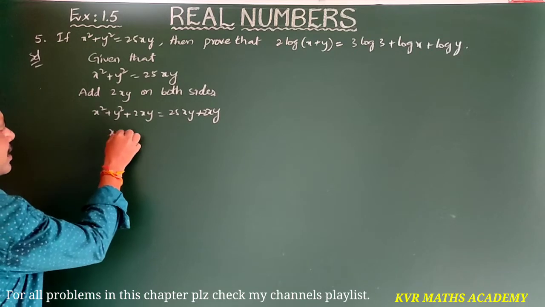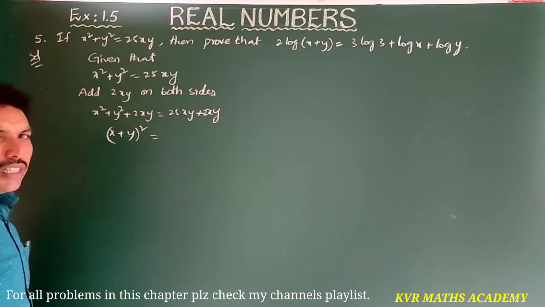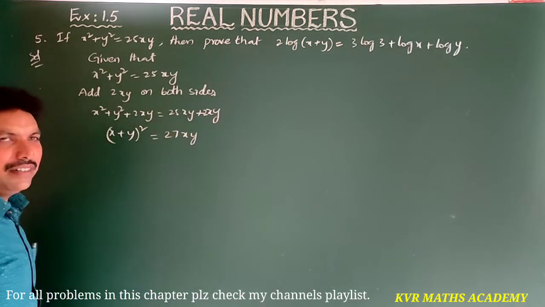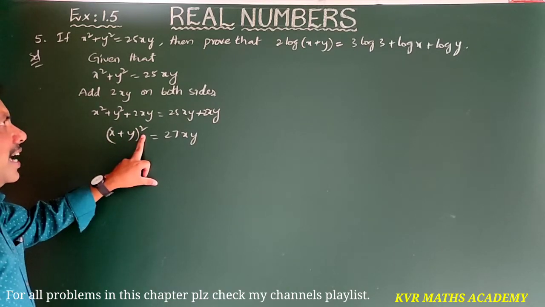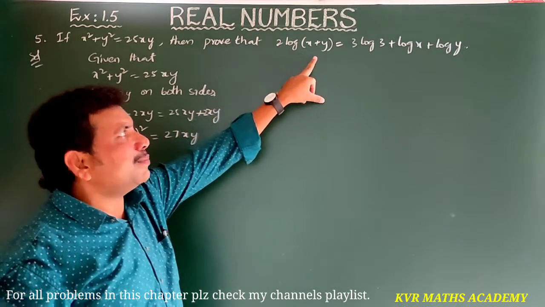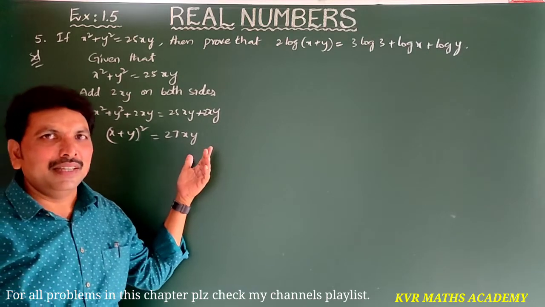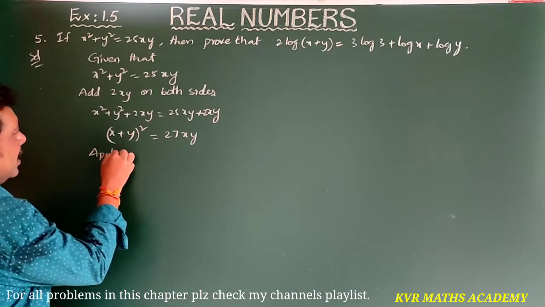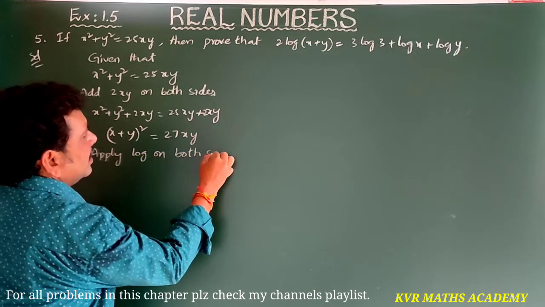That is x plus y whole square is equal to 25xy plus 2xy, which is 27xy. Now x plus y whole square is there. So we want to get 2 log of x plus y, so apply log on both sides.